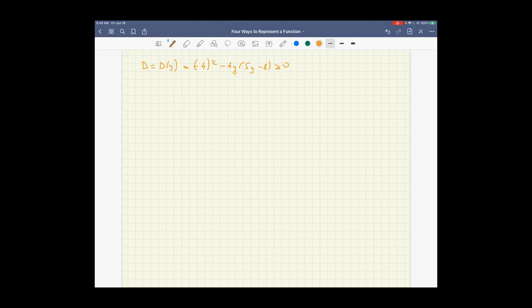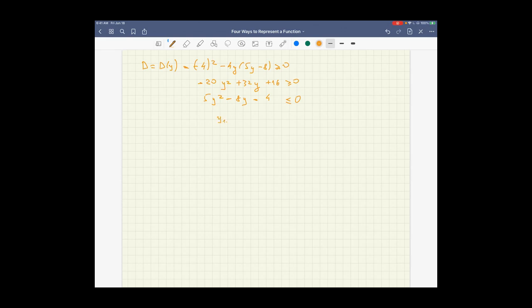We get negative 20y squared plus 32y plus 16 greater or equal than 0, or dividing everything by negative 4, not forgetting to flip the inequality, we have 5y squared minus 8y minus 4 less or equal than 0. And so I divided by negative 4.